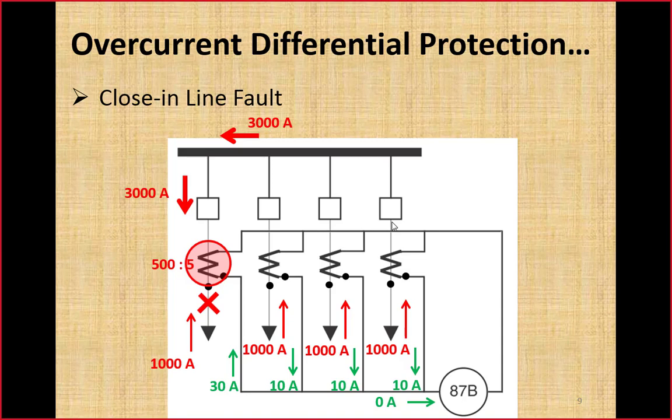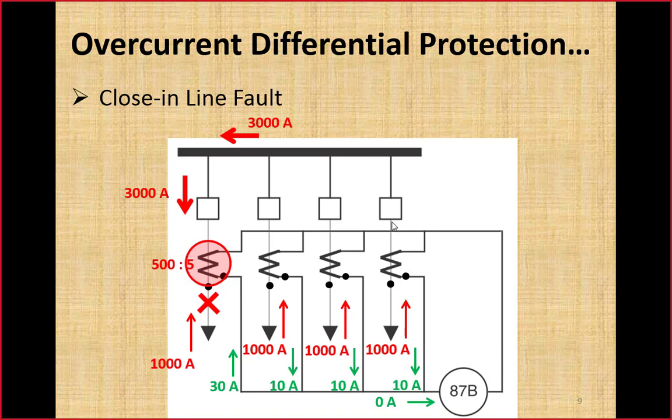Because in case of CT saturation, the CT will produce either nothing or very little current on its secondary side. Error may approach more than 80% or 90%. So even the percentage differential relay could not block the operation of the relay in case of a close-in external fault where the CT core has been completely saturated.